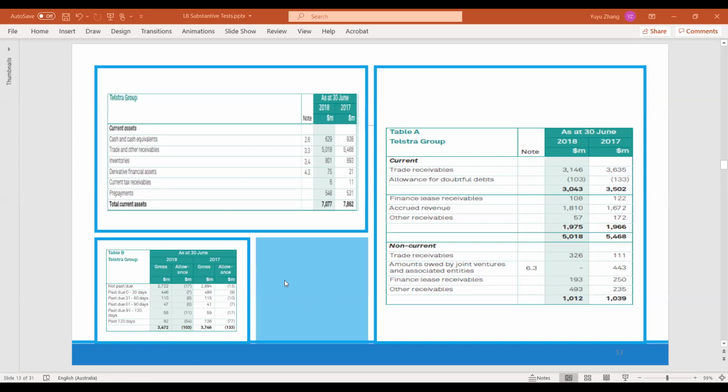The provision is probably a little bit lower as a percentage relative to 2017, but it's not huge. It's 10% less in receivables and about 30% less in allowance for doubtful debt.